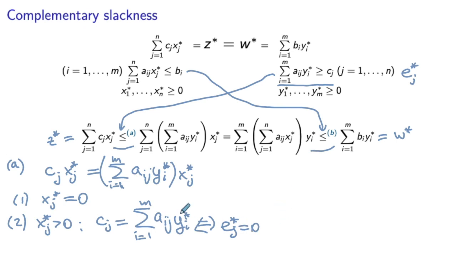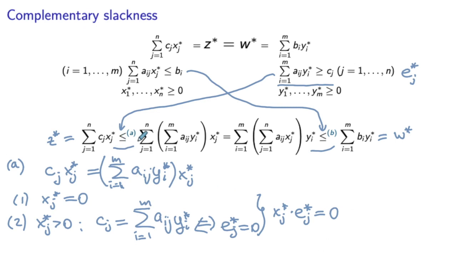As a result, we can conclude that one of the two variables here at the optimum, either xj star is equal to 0 or ej star is equal to 0. So the product of xj star, ej star will always be equal to 0 at the optimum.